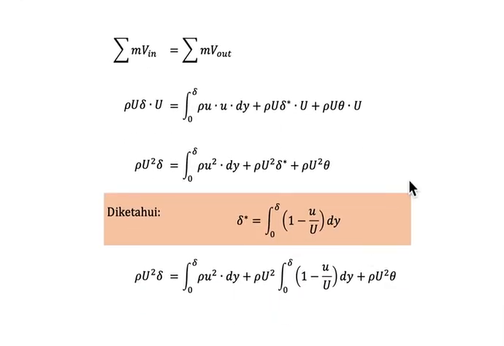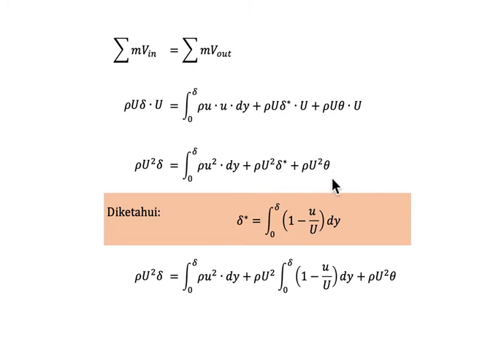Then we need to simplify our calculation. The basic idea is that momentum at inlet must be equal to the momentum at outlet. So the momentum at inlet is rho U delta times U, and it equals the momentum for area B, plus the momentum for area C, and the momentum for area D. We simplify this, and then we find that in this equation, we have theta and delta star.